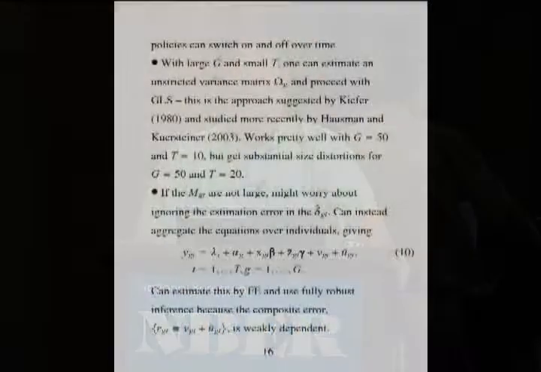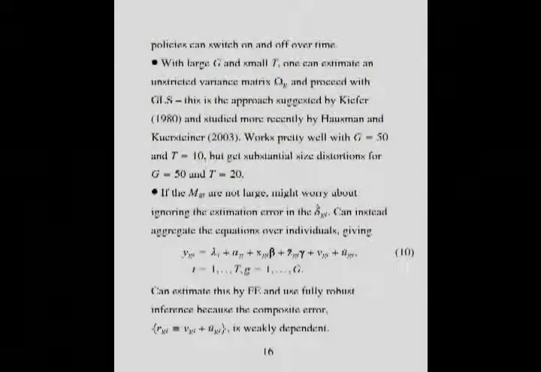But that's again always pretty much the case when we're dealing with time series data and doing serial correlation adjustments. Now, one other possibility that was studied by Kiefer some time ago and has been looked at by Hausman and Kirsteiner more recently is, instead of worrying about making very specific assumptions about the serial correlation in the errors, to use an unrestricted variance matrix.